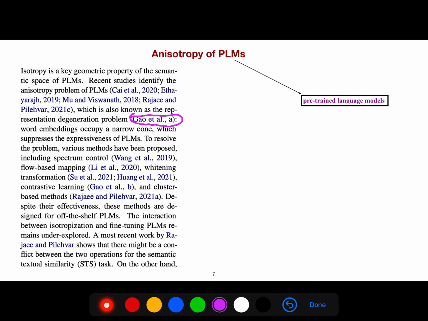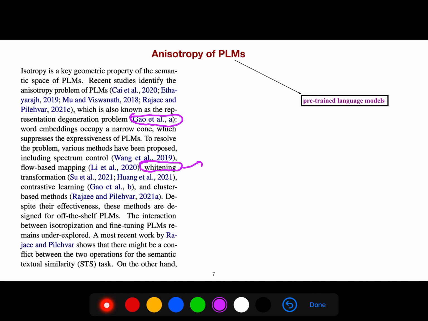And to resolve these problems, various methods have been proposed, including spectrum control, flow-based mapping, whitening. This word whitening, recently people use this word instead of saying all of these things about anisotropy. So we just need a whitening transformation.